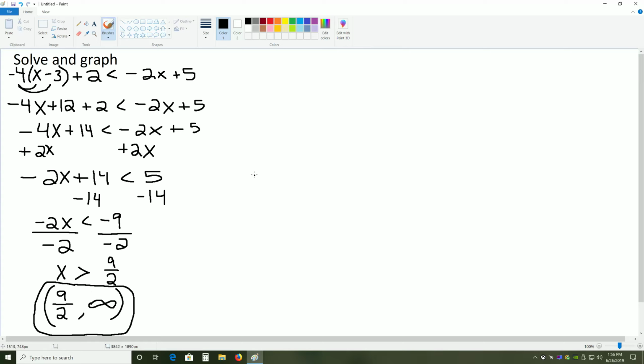The problem also said to graph it. So from here, we'll create a graph, or a number line, which will start with 9 over 2 in the middle, and then off to the right and the left, we can just make one tick mark on each side for reference.